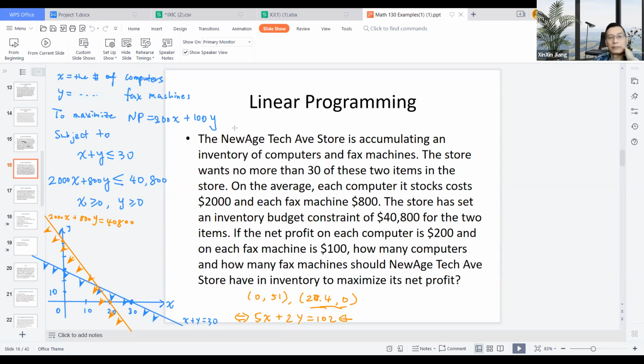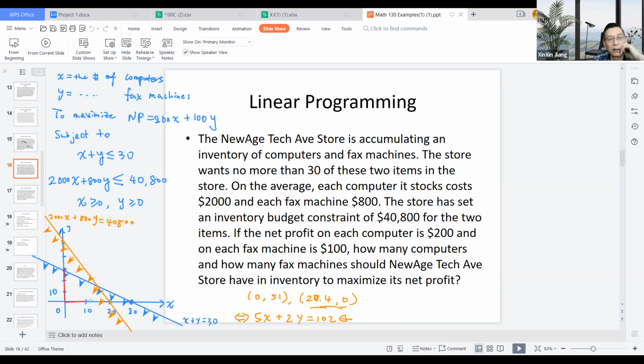All right. And then we combine the other two inequalities, x greater than or equal to 0, y greater than or equal to 0. That means everything should be in the first quadrant. I can simply draw like that. I don't need to worry about everything to the left.